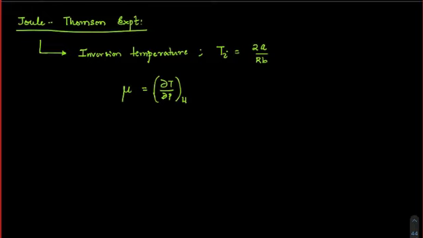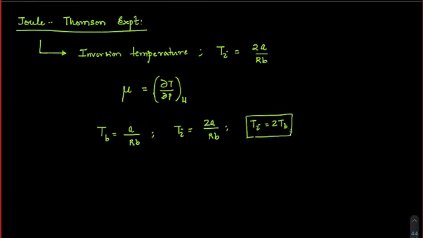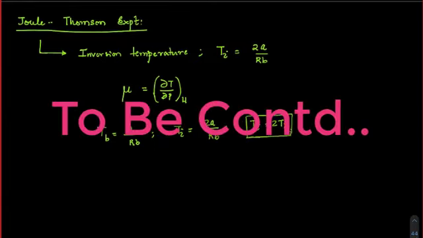If you compare Boyle's temperature, which is A by Rb, and inversion temperature, which is 2A by Rb, I can say that Ti is equal to 2 times Tb. This has actually been asked. So only this temperature term is important for us. I hope you understood that.